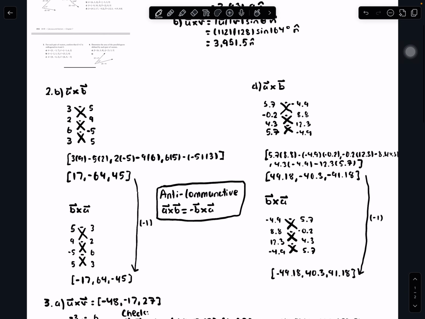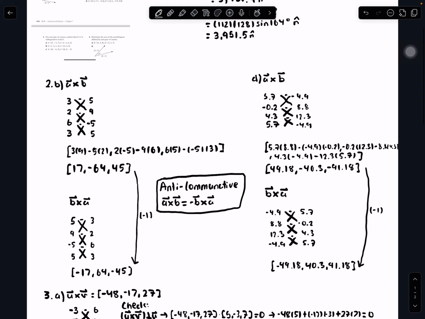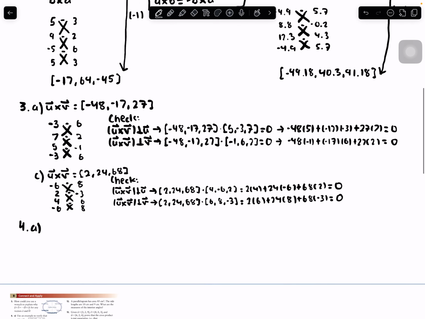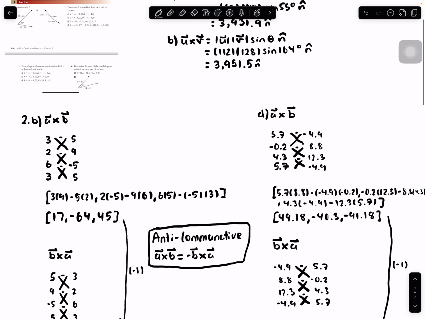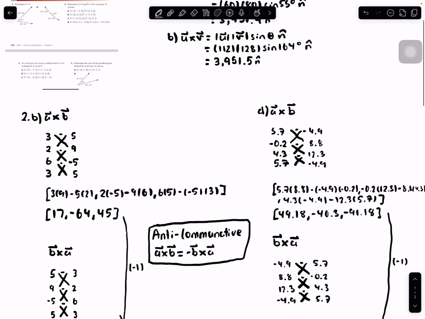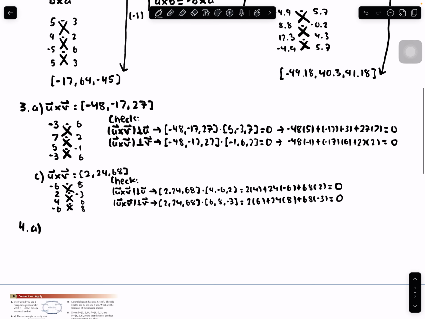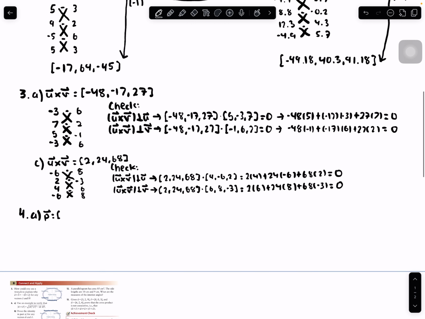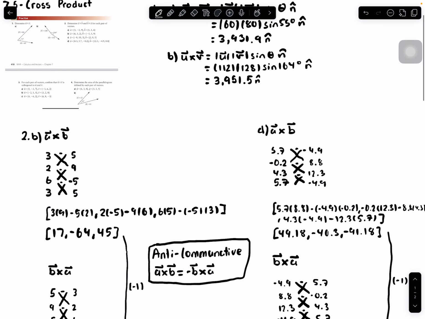4a and b. Determine the area of the parallelogram defined by each pair of vectors. So this is an application-based question. 4a, so we have P and Q. So P is 6, 3, 8, and Q is 3, 3, 5.